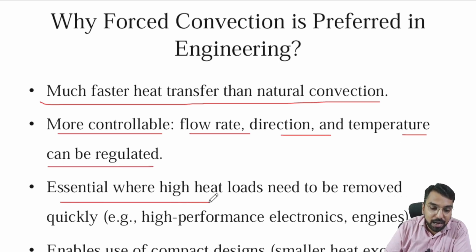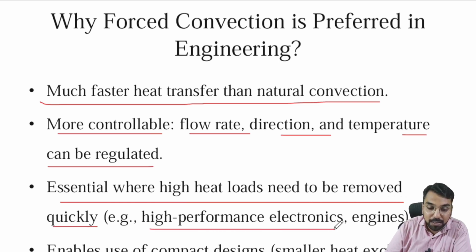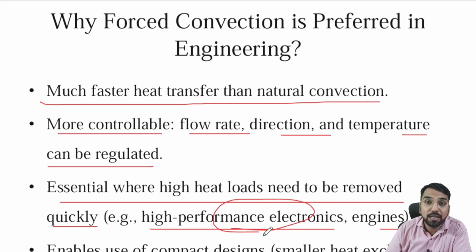It is essential where high heat loads need to be removed quickly, such as in high performance electronics and engines. Like I have said, in a PC or CPU you have to quickly absorb or release that heat. That's why the fan or blower arrangement is there in a CPU. It also enables compact design, where small heat exchangers or radiators are used.